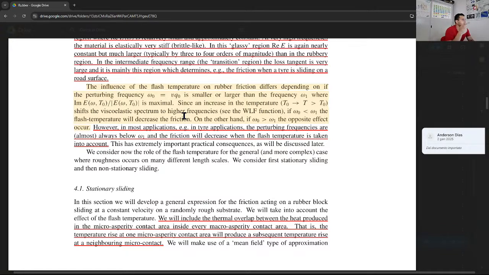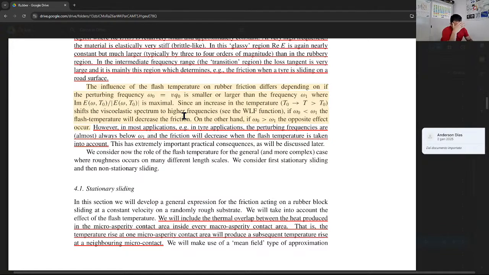Okay. But no, let's restart. If omega 0 is lower than omega 1, the flash temperature will decrease the friction.